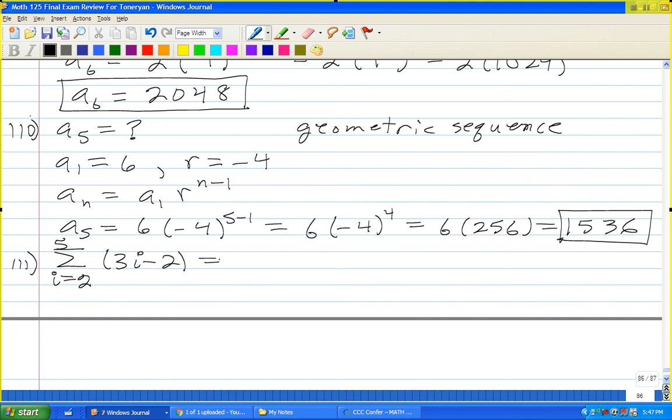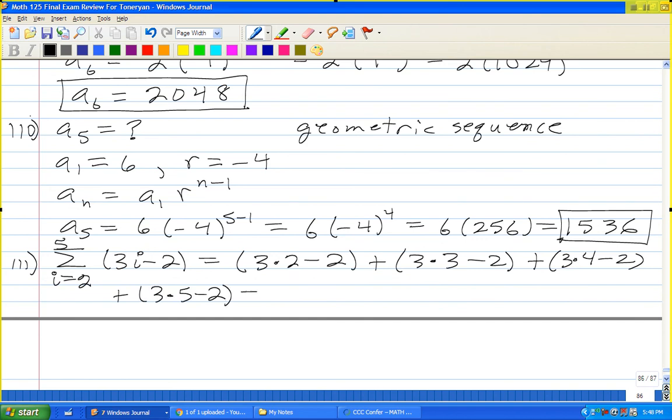Okay, so first let's substitute for i 2, for i 3, for i 4, for i 5, and so you get 6 minus 2, 9 minus 2, 12 minus 2, 15 minus 2.